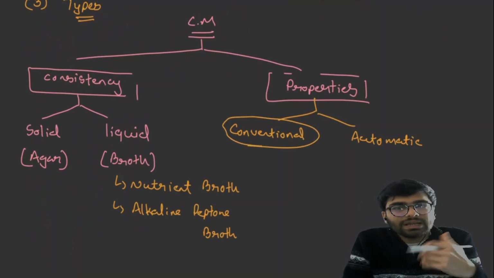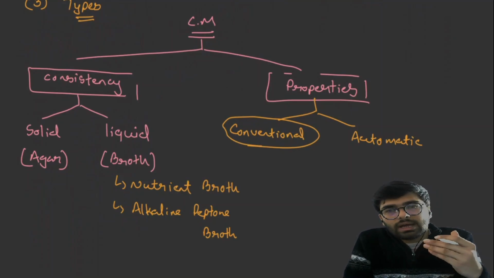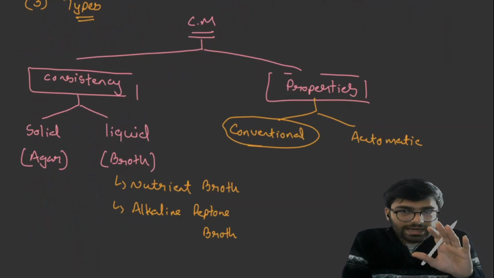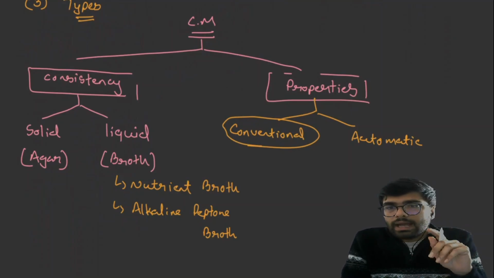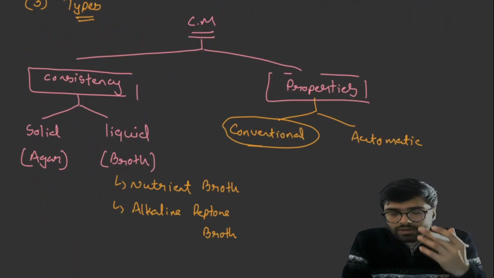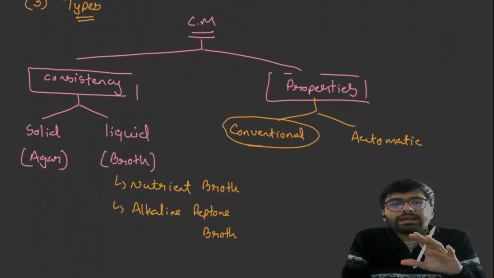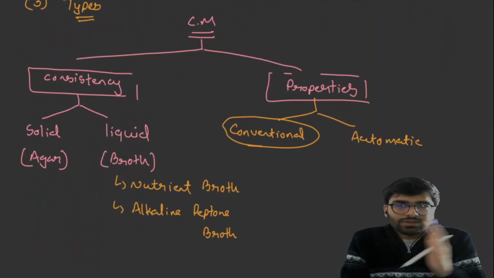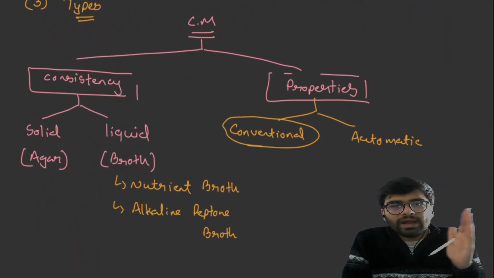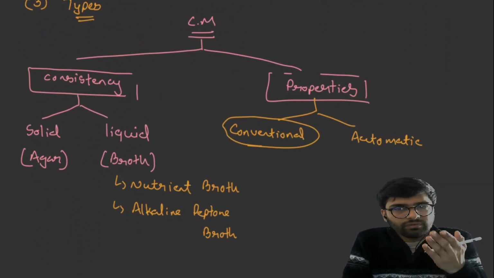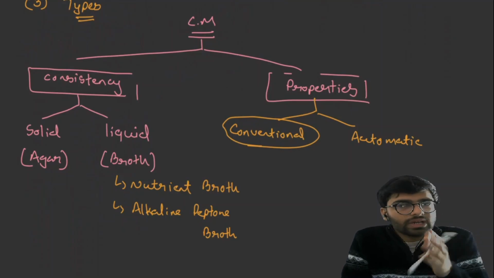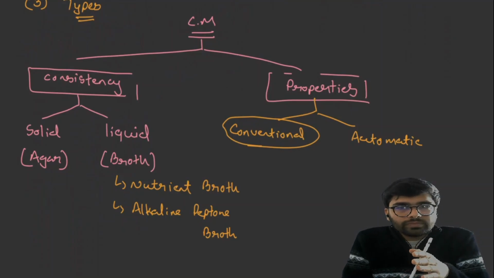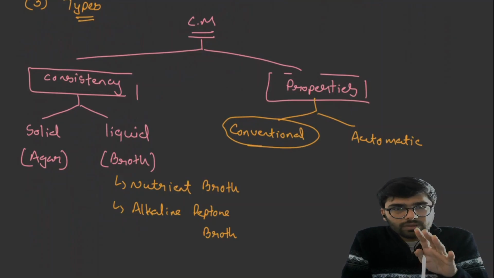We further subclassify conventional media under seven subheadings. And automatic, we have two, three. You can remember as much as you can, but I recommend you to remember at least two, because this is asked as a whole short note. So if you write each and everything in detail, then you will fill more than 7-8 pages, which is not required. So we'll write everything in brief and superficial. Okay, so now let us start conventional media.